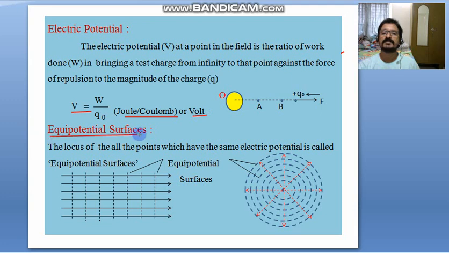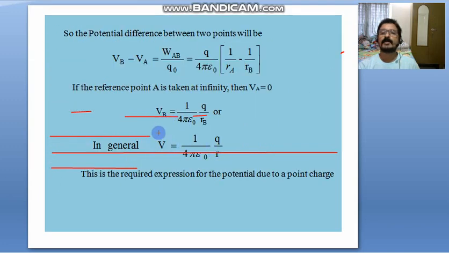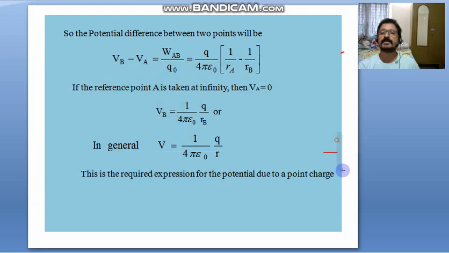Next, equipotential surfaces. The definition of an equipotential surface: the locus of all the points which have the same electric potential is called an equipotential surface. Let's have a look at the expression for electric potential due to a point charge.